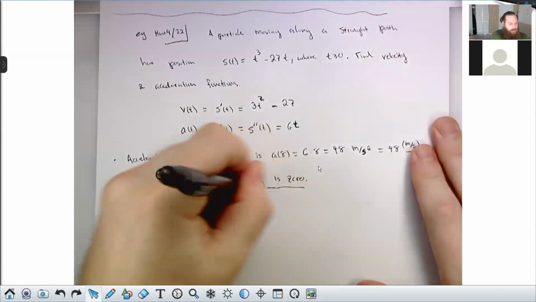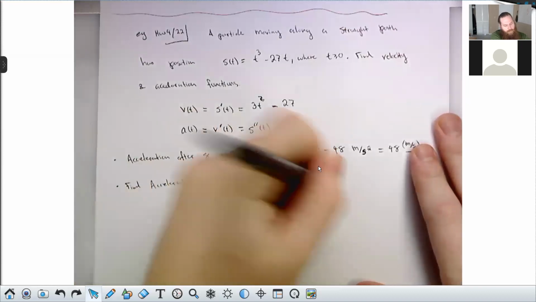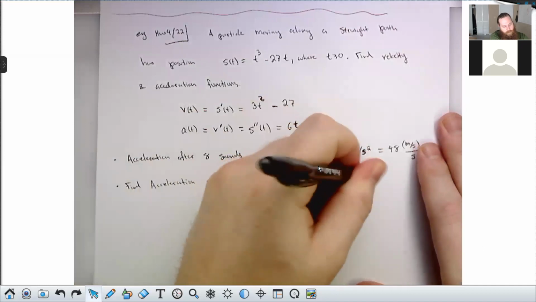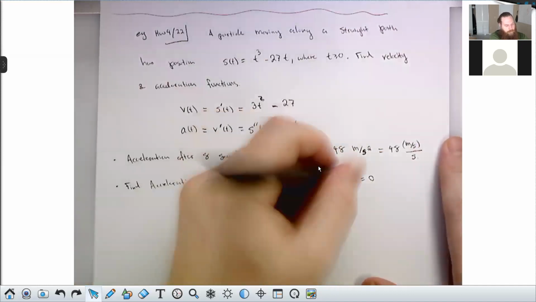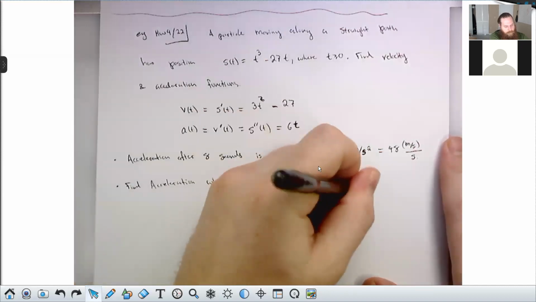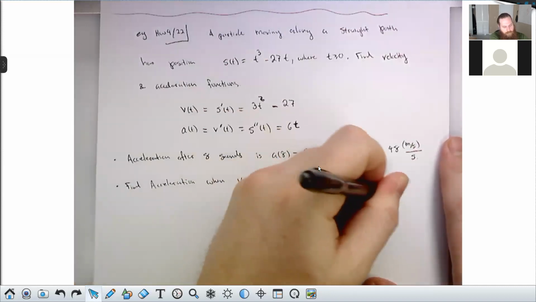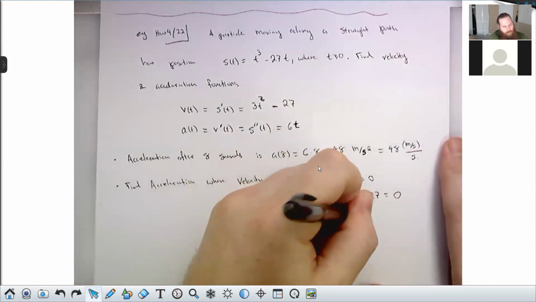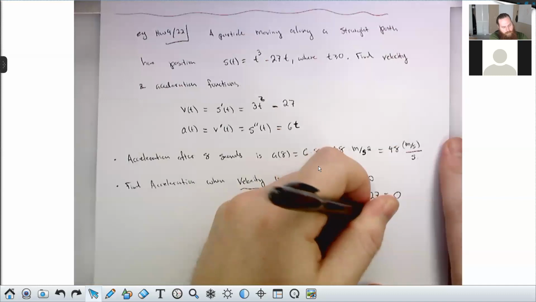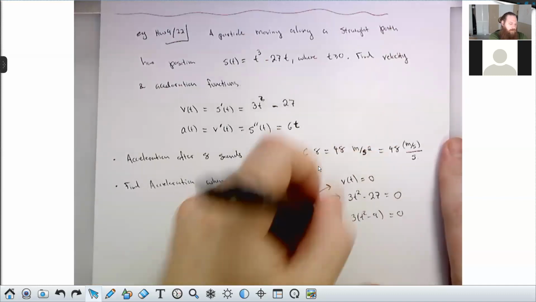So first, when is the velocity 0? Well, that means v of t would be equal to 0. And I have the function for v of t, that's 3t squared minus 27 equals 0. I can factor a 3 out, and I get t squared minus 9 equals 0.